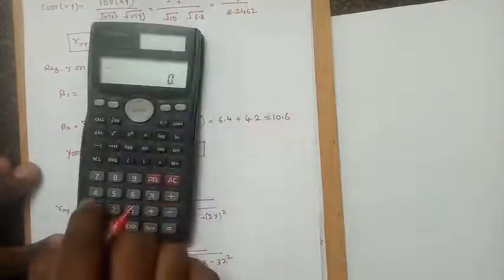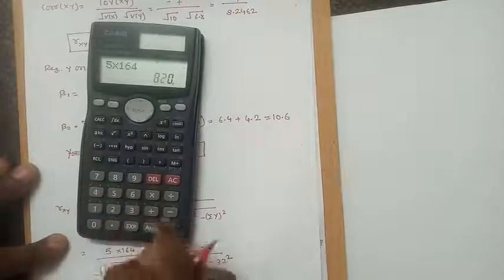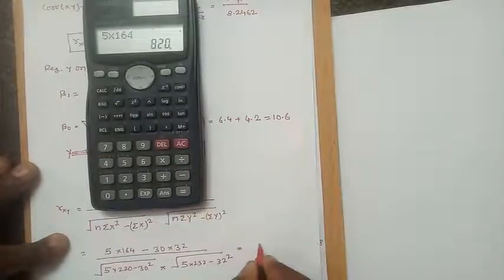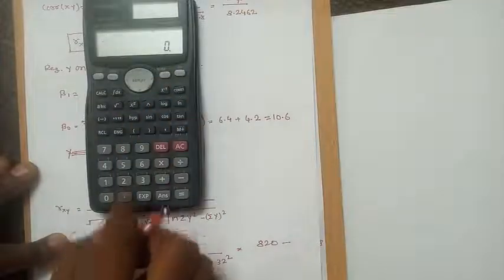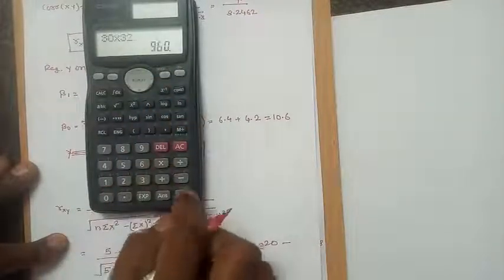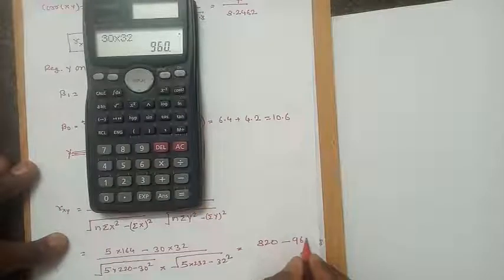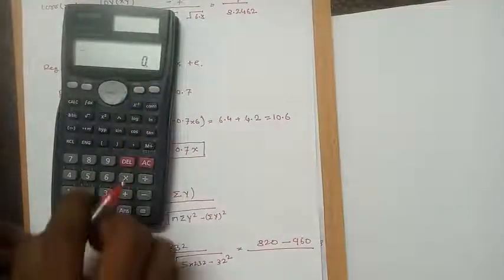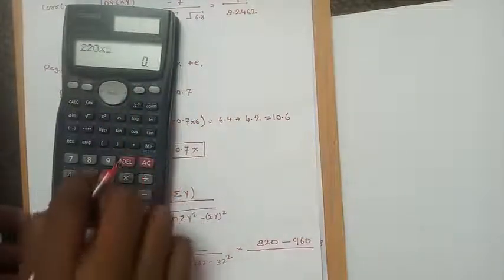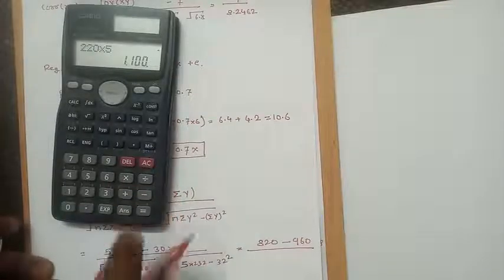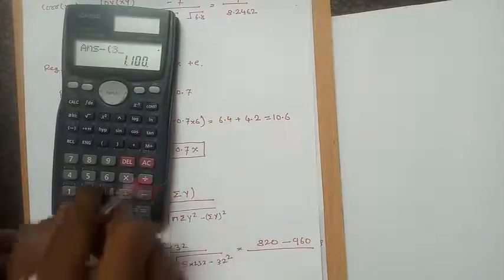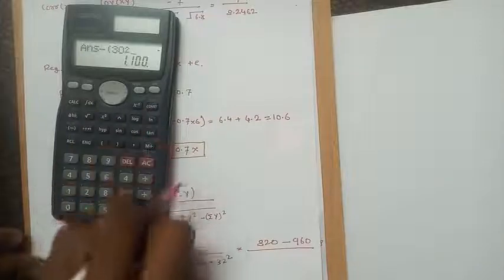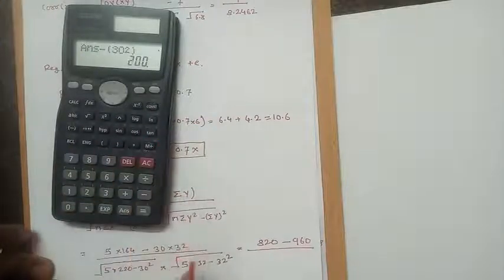So we make 5 into 164, 820, minus 960, whole divided by, 220 into 5, 1100 minus 30 square, which is equal to 200.